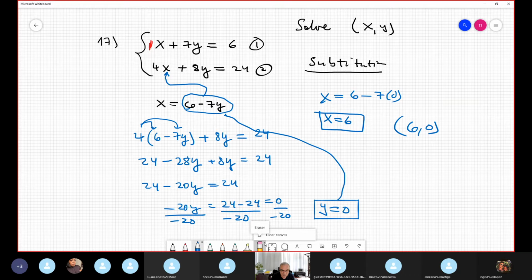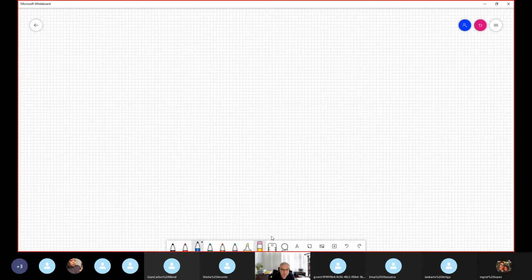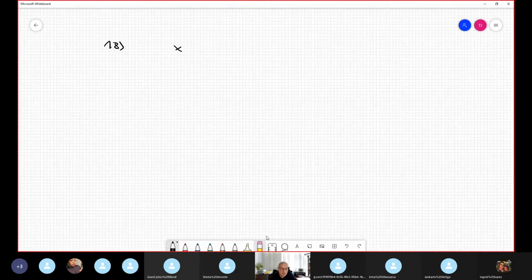18 is a compound inequality in one dimension. x less than 5, or... remember the idea for the or and: is it intersection or union?